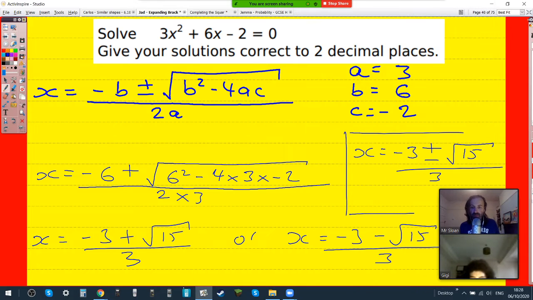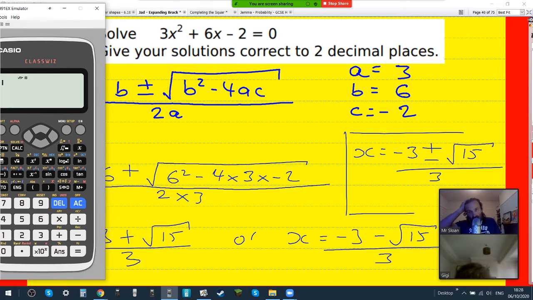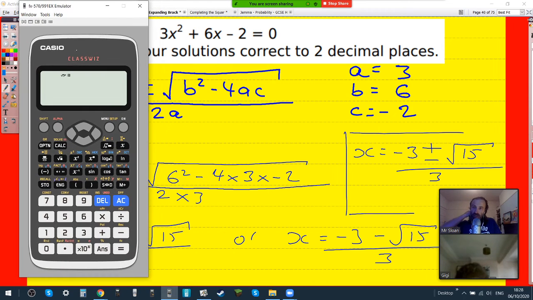You have a fancy pants calculator, is it? Yep. Okay, so you can always check your answer, I suppose. Menu, go past 9 to A equation. Polynomial.